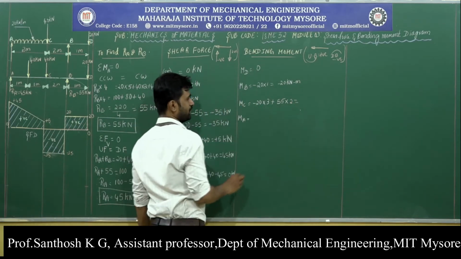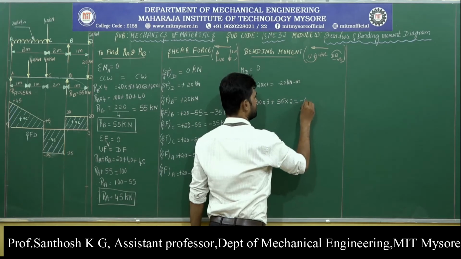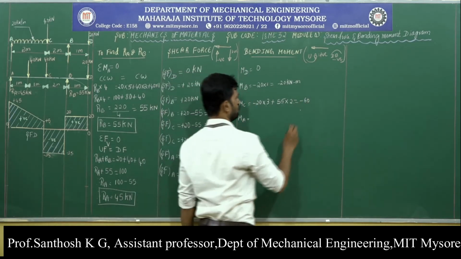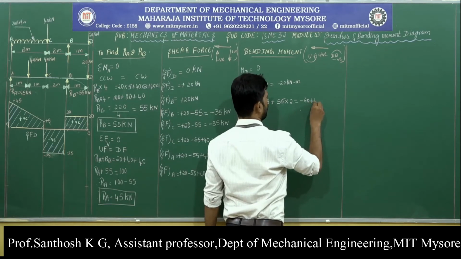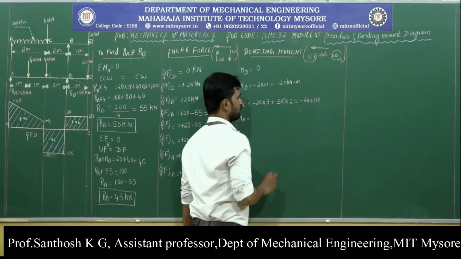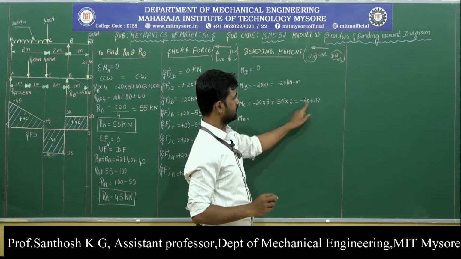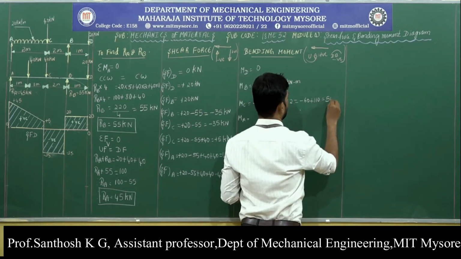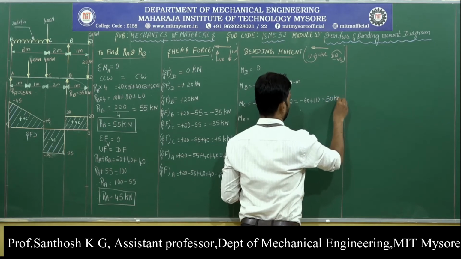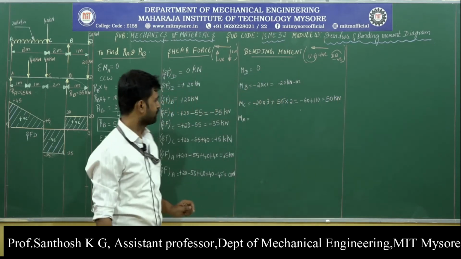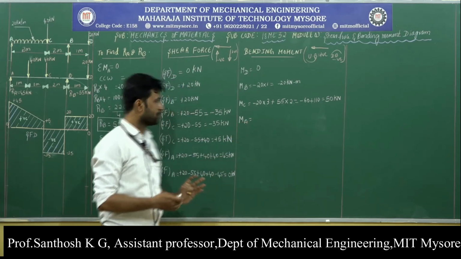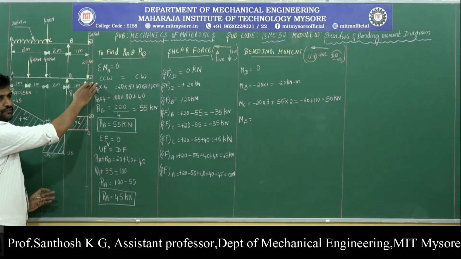So, minus 20 into 3 is minus 60, and 55 into 2 is 110. If I subtract 60 from 110, I get 50 kilonewton meter.